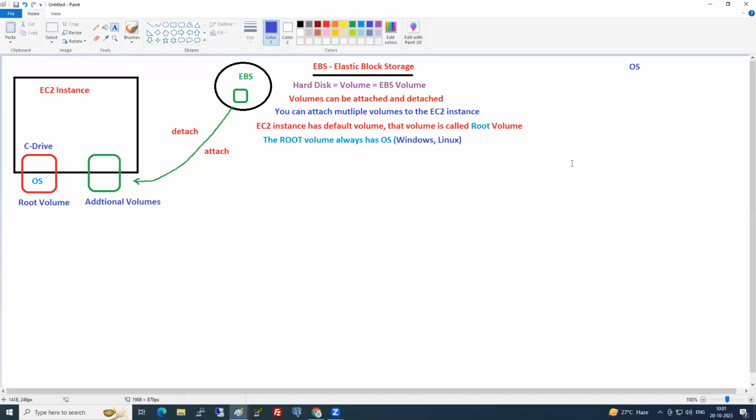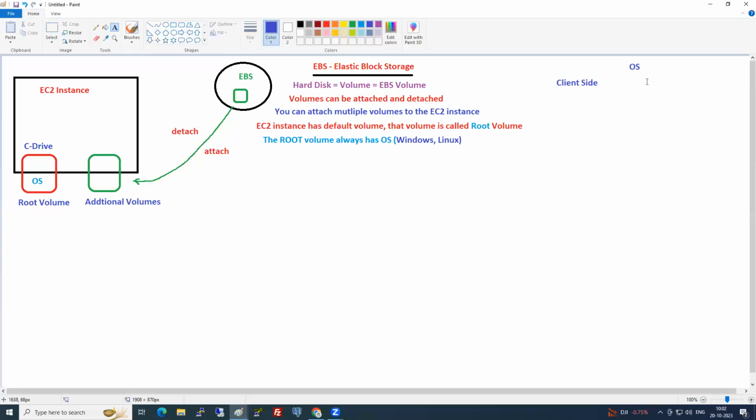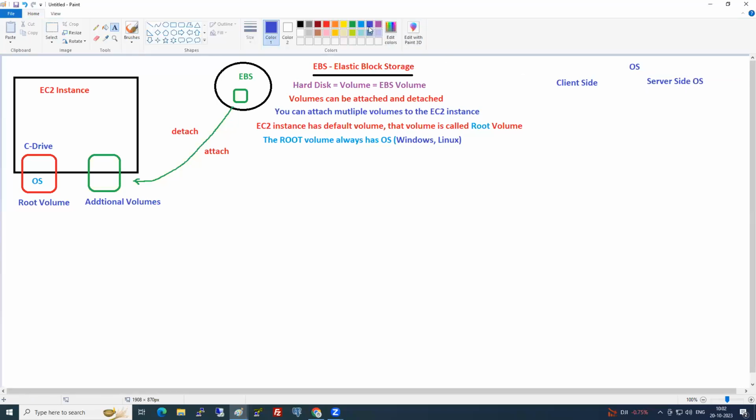Okay, so come back. There are two types of operating system. What are those? Client side OS, server side OS. Tell me, AWS EC2 instances' operating system will be client side or server side? Server side. Remember, AWS will not provide Windows 11.